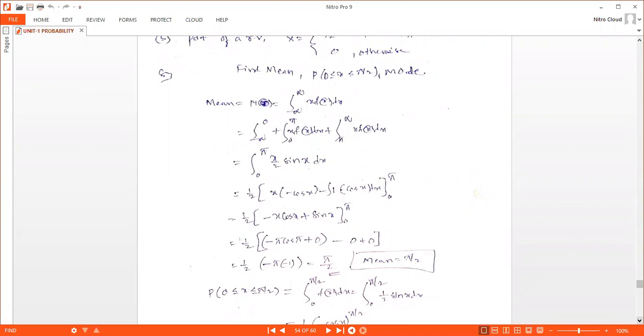First and third integrals are 0, and we need to solve the second integral, that is integration from 0 to pi of x sin x by 2 dx. Here you have two parts in integration, so apply integration by parts.